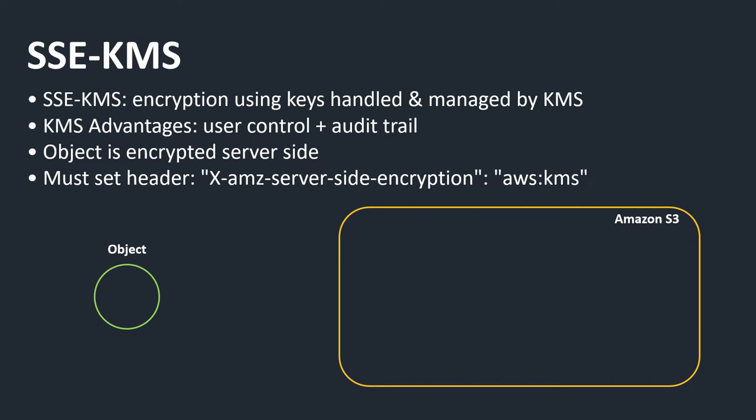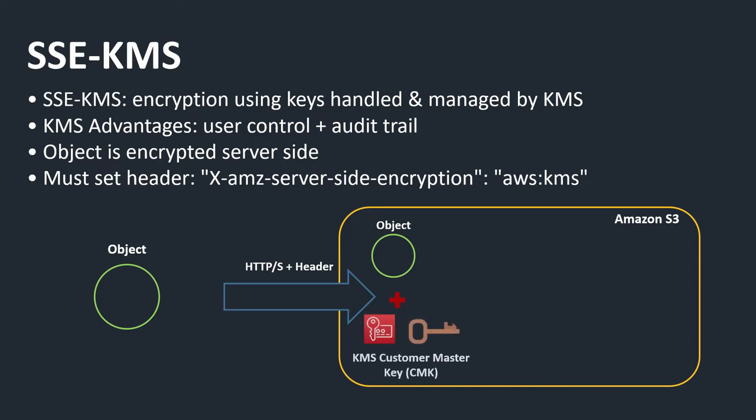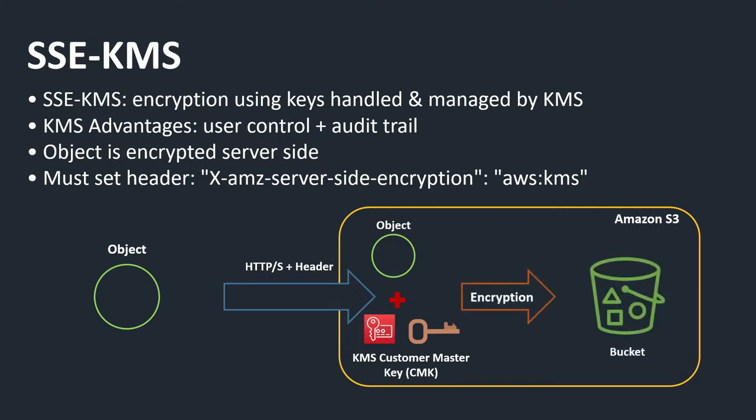We have the object we have uploaded using HTTP and the header, and then using this header, Amazon S3 knows to apply the KMS customer master key you have defined on top of it. Using this customer master key and your objects, some encryption will happen and the file will be stored in your S3 bucket under the SSE-KMS encryption key.